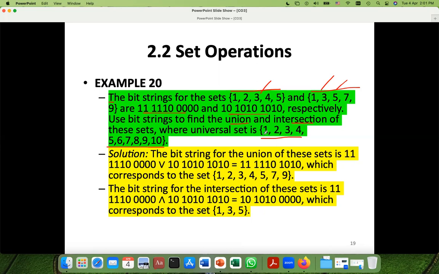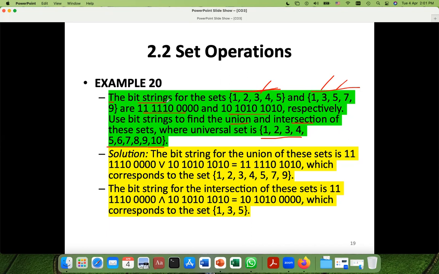So the universal set contains 10 bits, and this is the position of the bits: first position, second, third, fourth, fifth, up to 10. This is the set A, and here the first, second, third, fourth, and fifth bits are on, which you are seeing here.